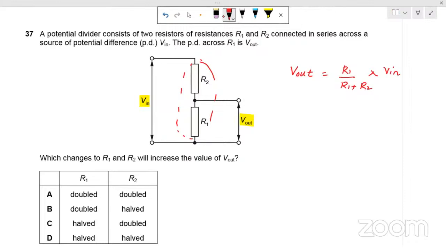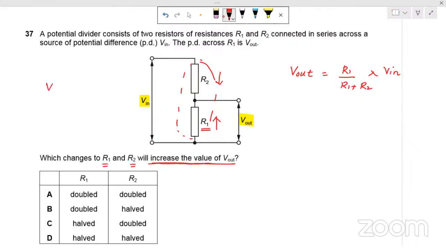Okay, so what we want to do: which changes to R1 and R2 will increase, this is an important word, the output voltage? That can only be increased by increasing this resistor R1 or by decreasing this resistor R2. The ratio of voltage across R1 and R2 is equal to the ratio of their resistance.